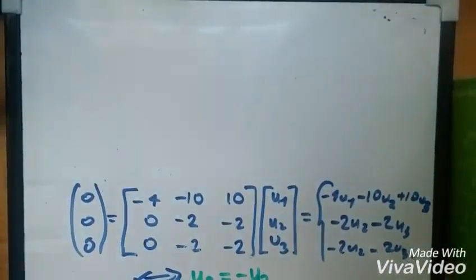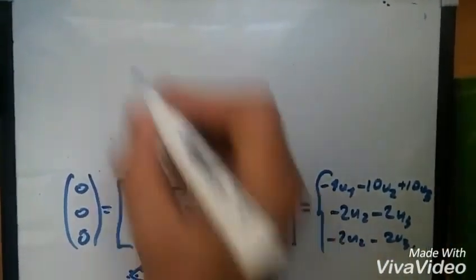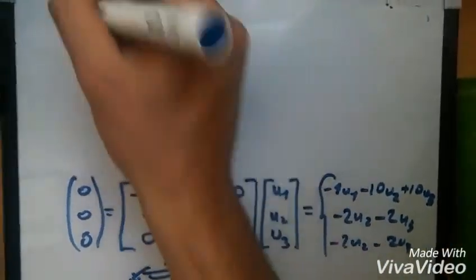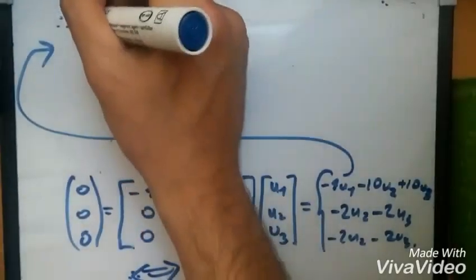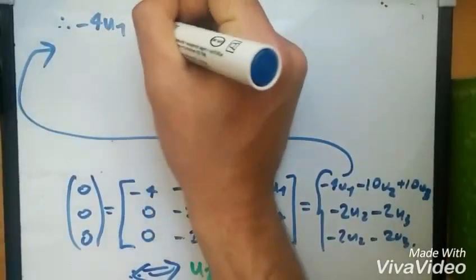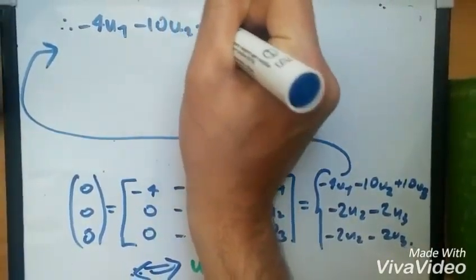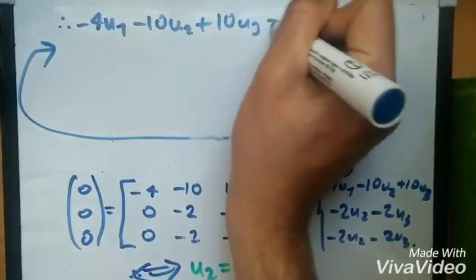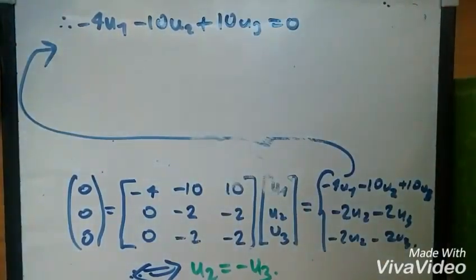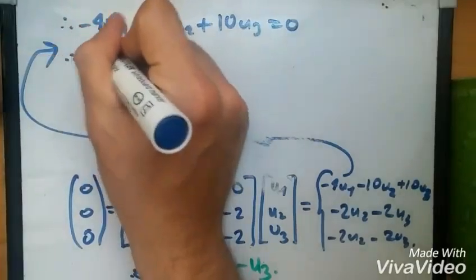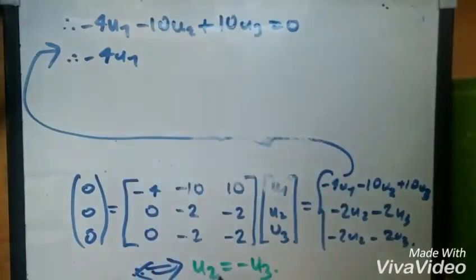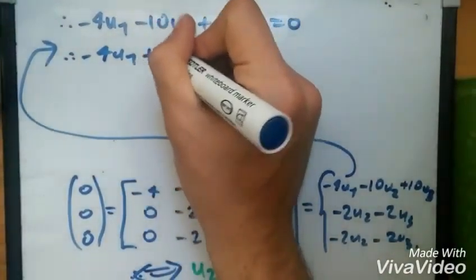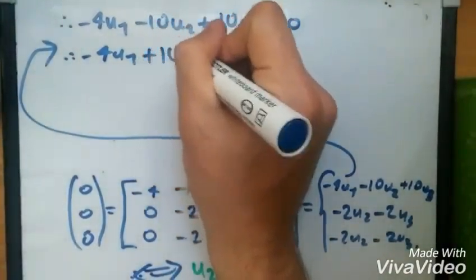Okay, so therefore using this one over here, we should get minus 4u1 minus 10u2 plus 10u3 equals 0. Replacing u2 with negative u3, we'll get minus 4u1. So this becomes a negative, this becomes a positive, 10u3 plus another 10, you get 20u3.